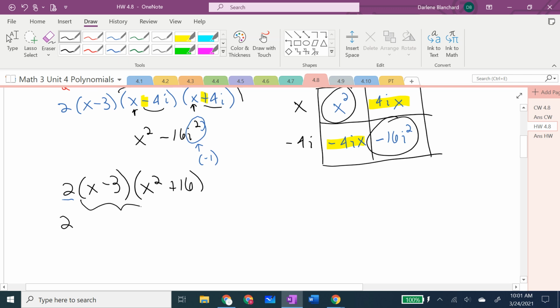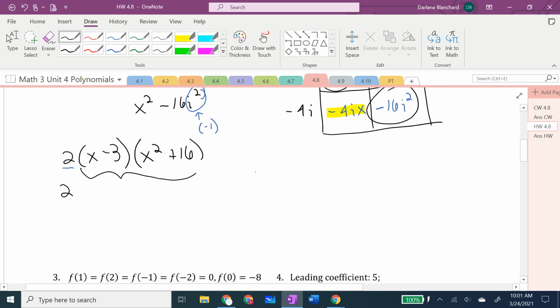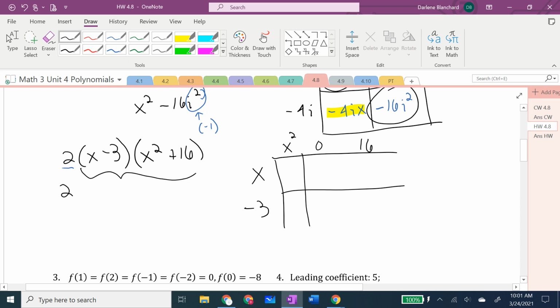And I'm going to multiply these two together. So as I multiply them, I've got x minus 3. And you have a choice. You can do just x squared and 16, or you can do x squared plus 0x plus 16. It's up to you if you want to do the 0 column or not.